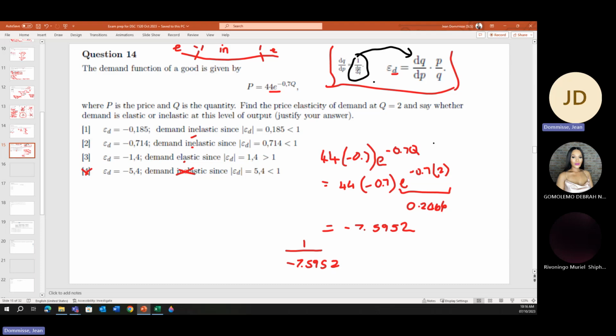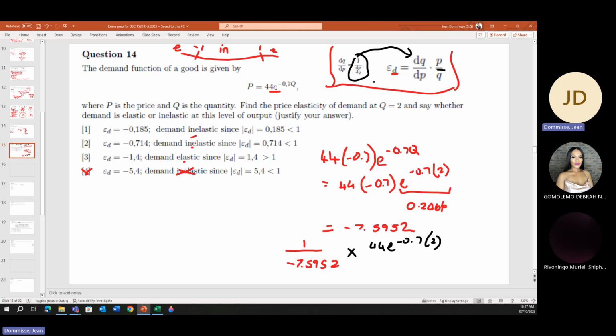So we still need to look at my price divided by Q. We're just writing that formula over, so there's nothing extra we need to do.